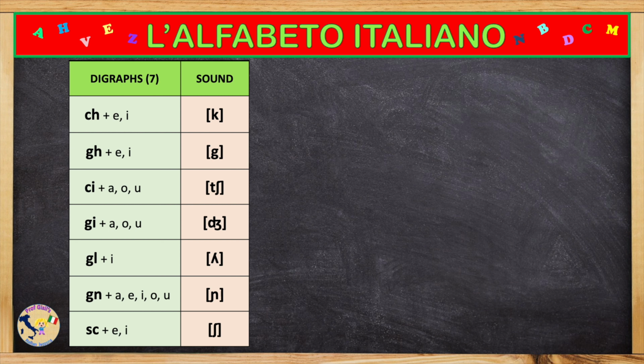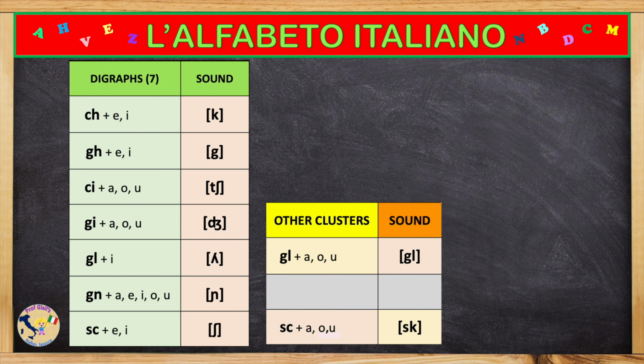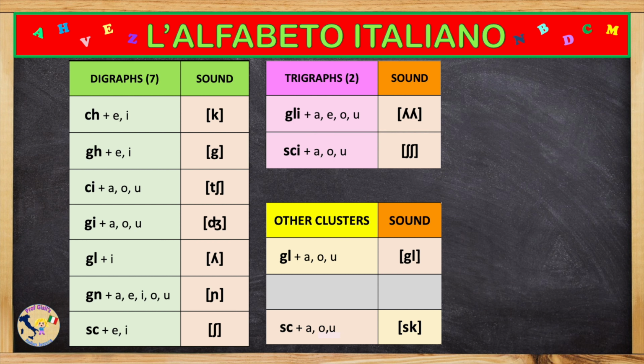We have seen that groups GL and SC can also function as regular clusters, in which case they will sound as GL and SK. Today we have also looked at trigraphs, groups of 3 letters representing one sound. In Italian there are 2 trigraphs, GLI, which sounds as Y, and SCI, which sounds as sh.